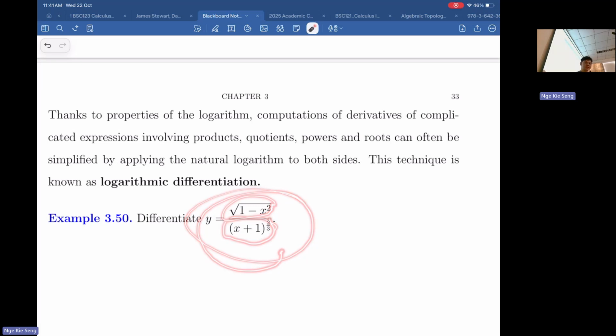But thanks to logarithmic differentiation, you can notice that this function here is always positive, and it won't equal 0.